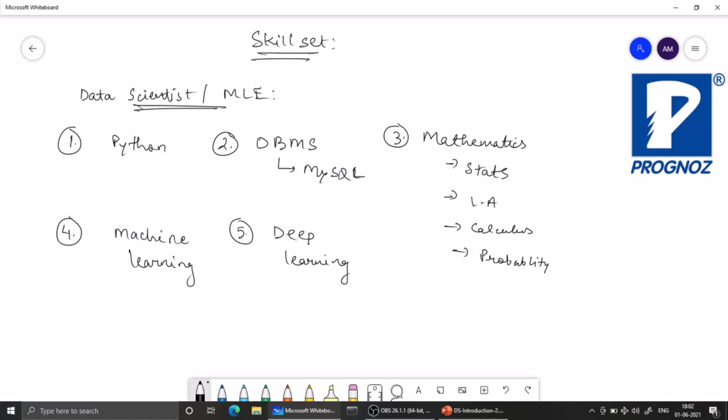If you know something about cloud computing and all, that is an added advantage. If you know something related to PySpark, that is also an added advantage. But the bare minimum requirement on which you will be working on a daily basis is Python, DBMS, mathematics, machine learning, and deep learning.